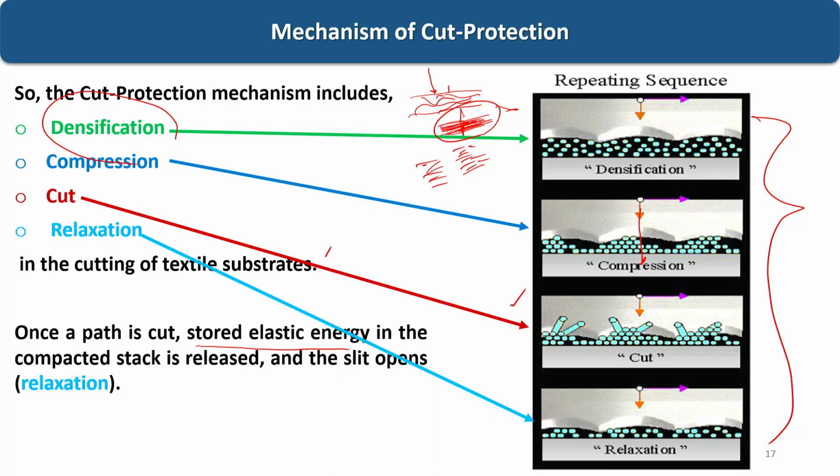When we are pressing, elastic energy will be stored, and once it is cut by compacting, the compact stack is released, which I have already discussed, and the slit opens. That is called relaxation.